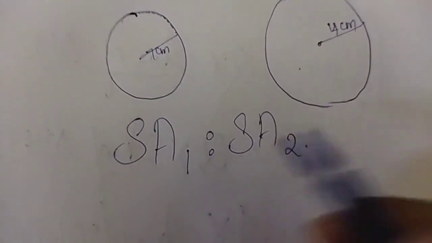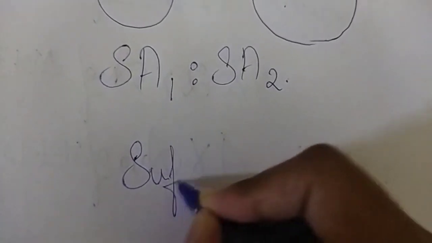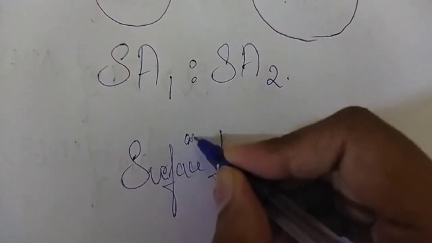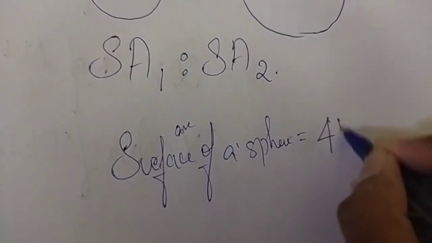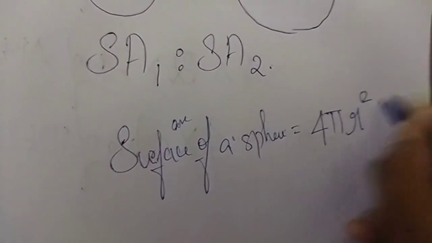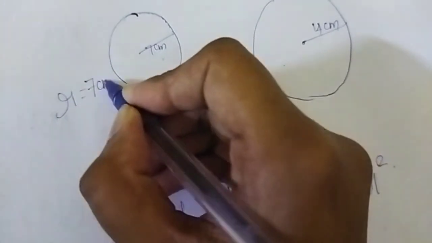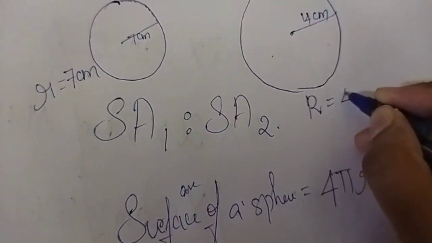In order to find surface area, we have a formula. Surface area of a sphere is nothing but 4 pi r square. Let me take the radius of the first sphere as small r and the radius of the second sphere as capital R. Capital R is 14 centimeter.